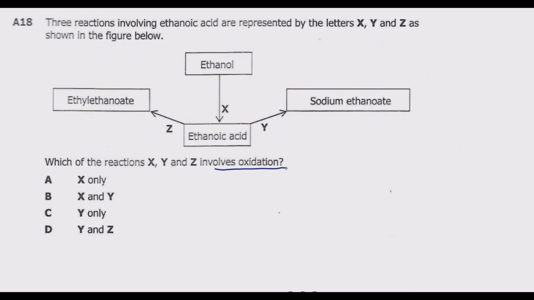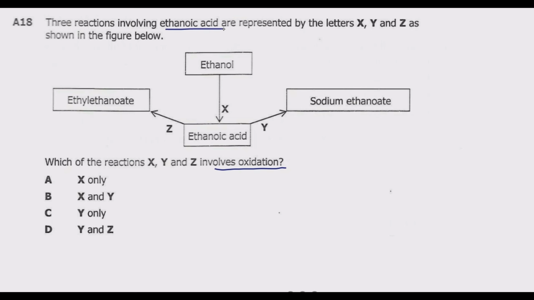On the other hand, we have reduction, which is the chemical reaction that involves the loss of oxygen or the gain of hydrogen. In oxidation, we are gaining oxygen, but we are losing hydrogen. That is the oxidation. Now we are dealing with ethanoic acid.